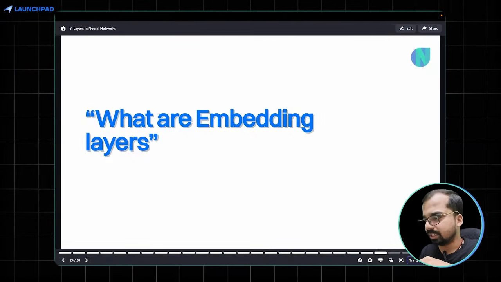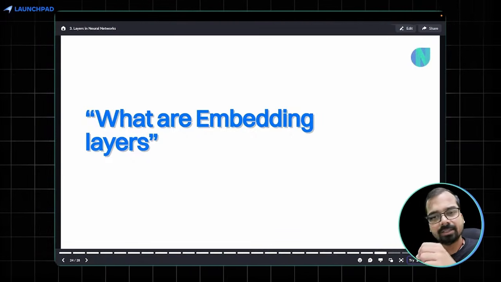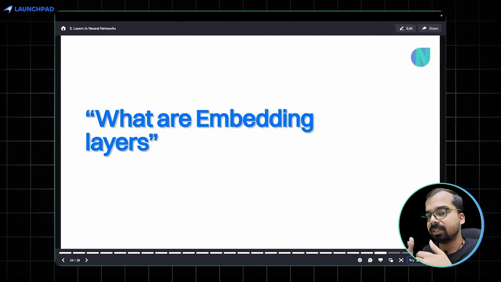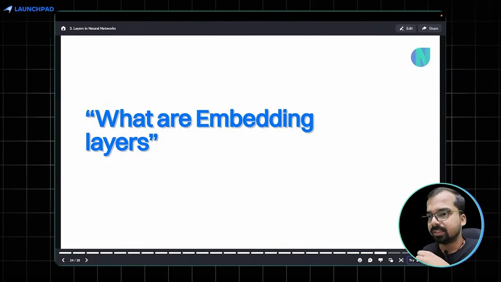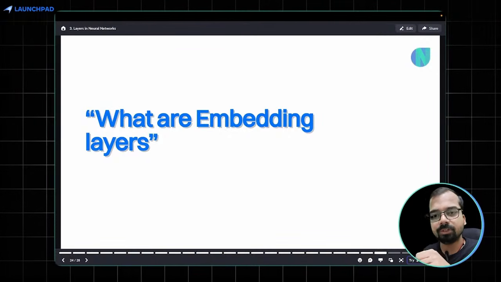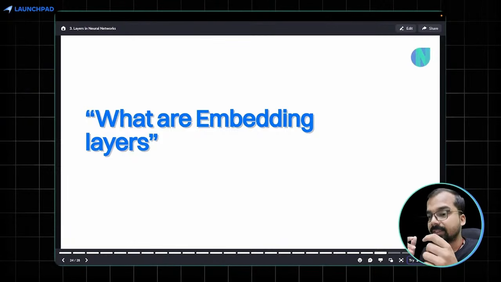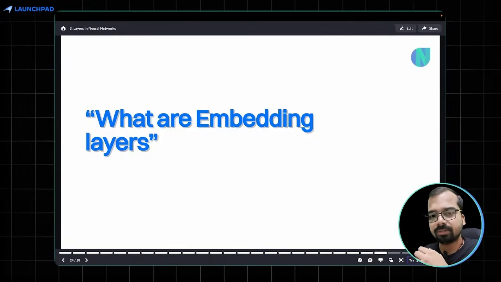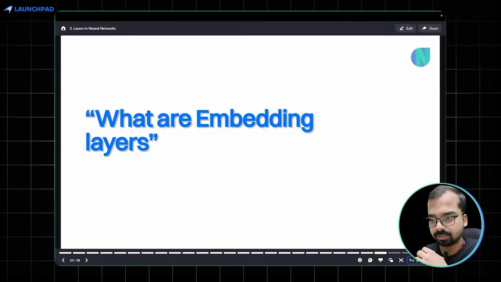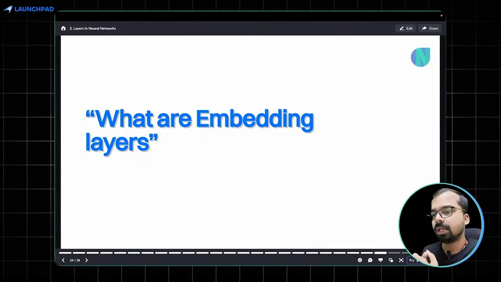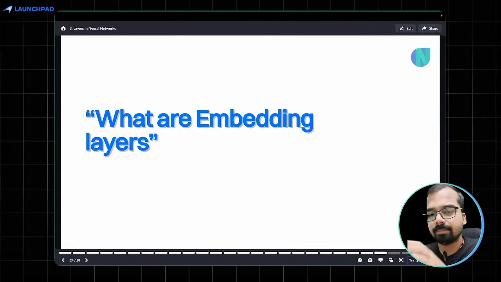If those numbers are created in such a way that words with similar meaning have numerical representations closer to each other, that will give the deep neural network a better ability to learn the language. So here comes the concept of embedding layers.